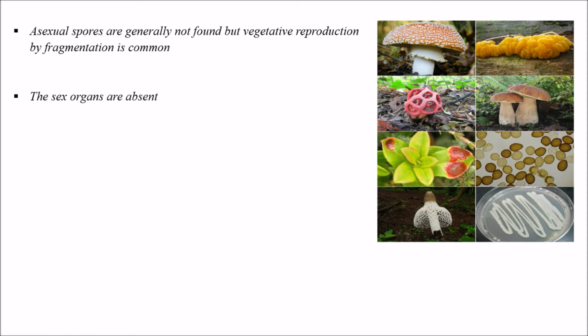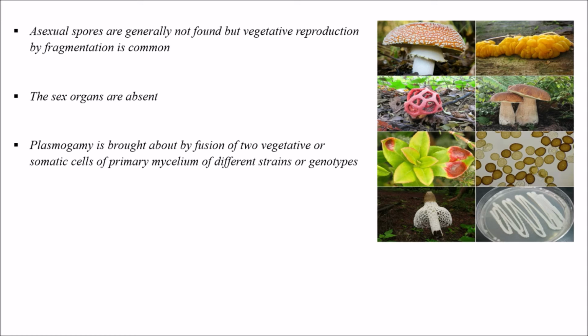The sex organs are absent in Basidiomycetes. Plasmogamy is brought about by fusion of two vegetative or somatic cells of primary mycelium of different strains or genotypes. So how is plasmogamy brought about? Plasmogamy is brought about by fusion of two vegetative or somatic cells of primary mycelium of two different strains or genotypes.